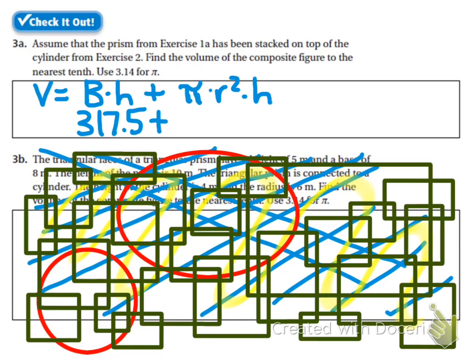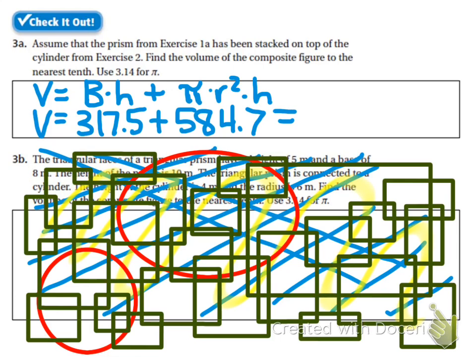And in exercise 2, the cylinder was 584.7. You should be able to look back in your notes. So how do I find the composite volume of these two figures?